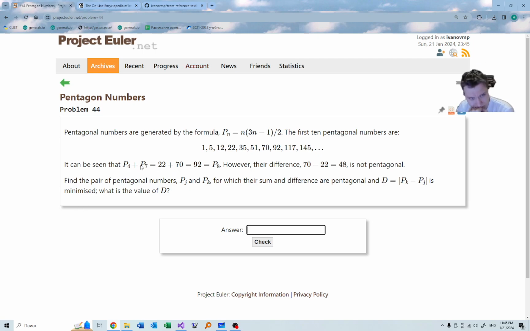The sum of two pentagonal numbers is also a pentagonal number, but their difference is not. Find a pair of pentagonal numbers for which their sum and difference are also pentagonal and the difference is minimized.